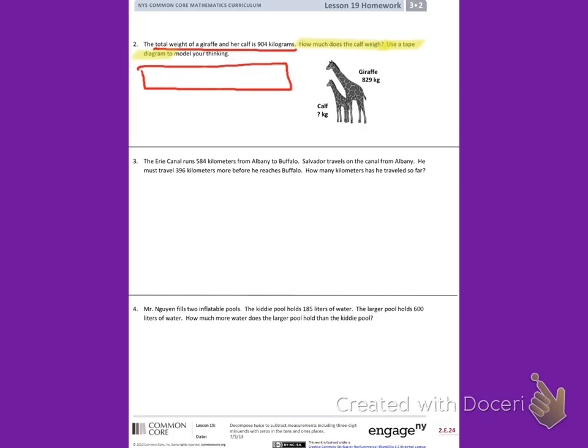The entire amount for the giraffe and the calf equals 904 kilograms. And then if we take out the amount that we know, that's the amount for the giraffe, and we label it this way, 829 kilograms.